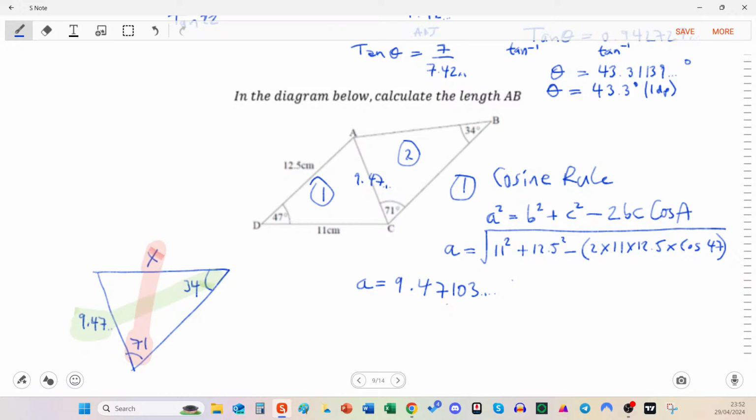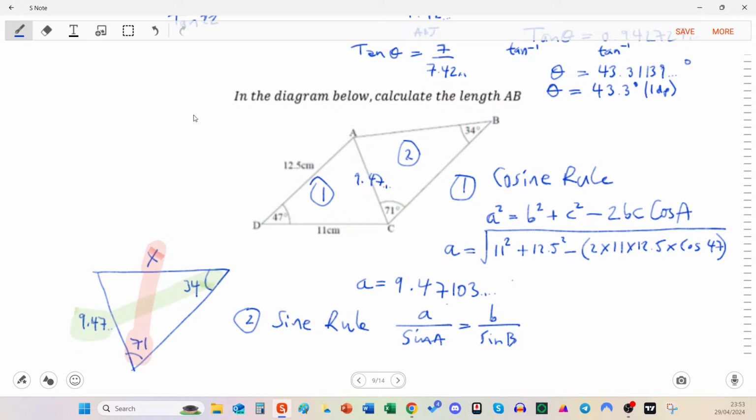That is sine rule. Okay, so for this one, sine rule is a over, depending on whether you're finding a side or an angle, but this is one way of writing the formula. And you only ever need two of these, so I don't write the C as well.